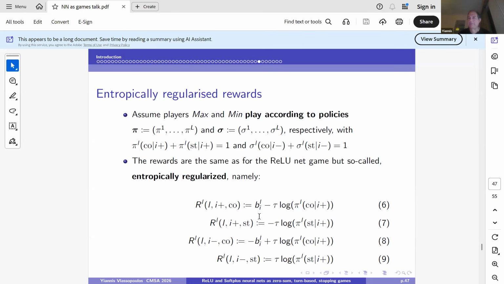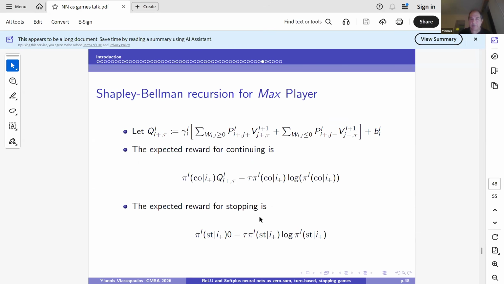And so the claim is that if we define the rewards by using this entropic regularization, then we get exactly what we want. This is all just notation from here on. This is the value at the next stage.